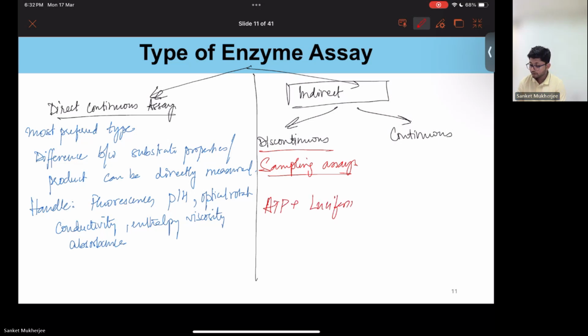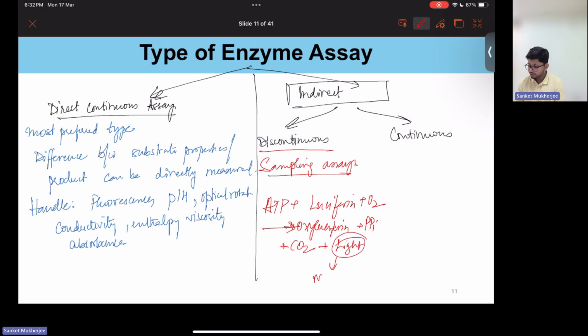Luciferin will give you oxyluciferin plus pyrophosphate, inorganic phosphate, carbon dioxide, because it requires oxygen as well, and light, which is measured.